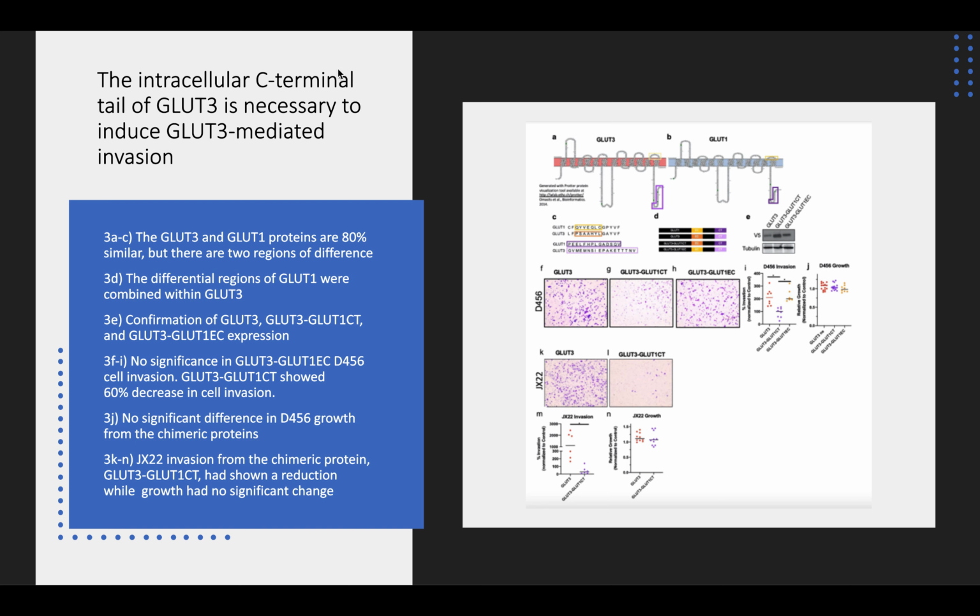So now we are on to figure 3. Again, the title, the intracellular C-terminal tail of GLUT3 is necessary to induce GLUT3-mediated invasion, relates back to the same title given to the figure in the paper.